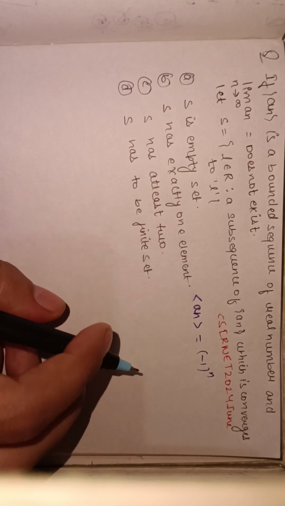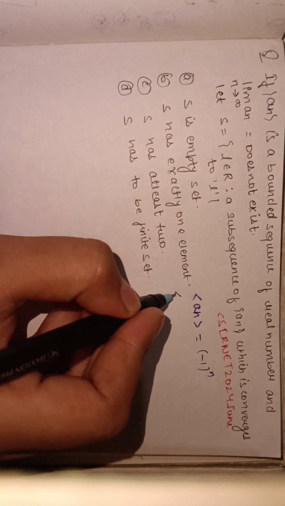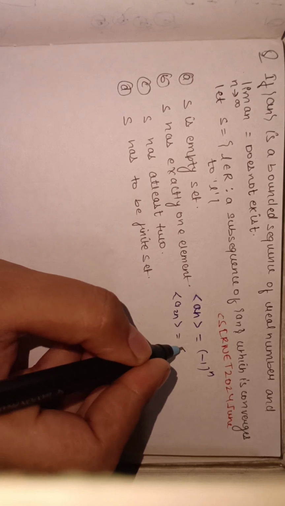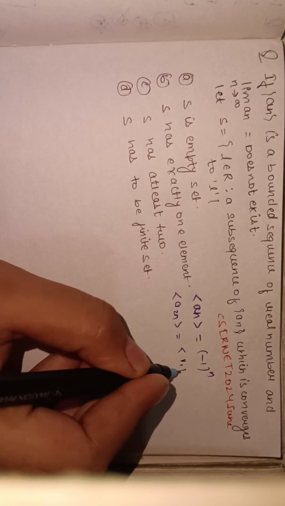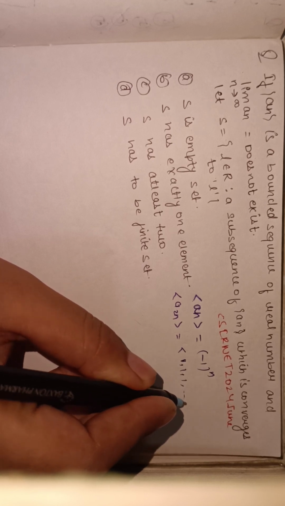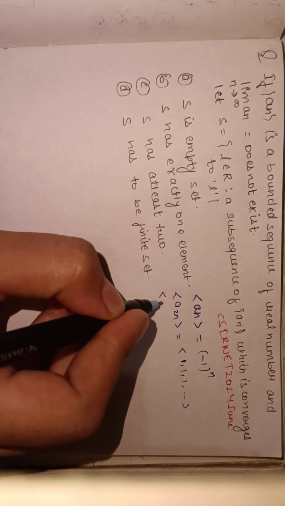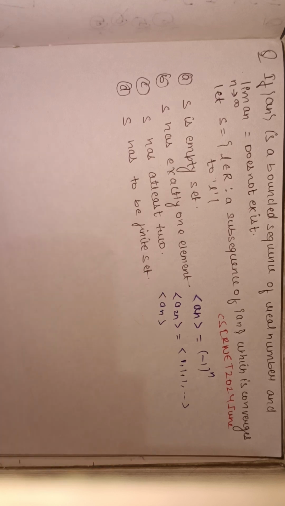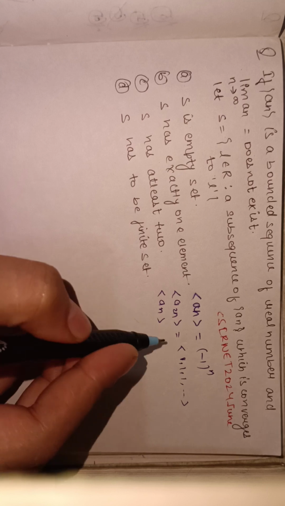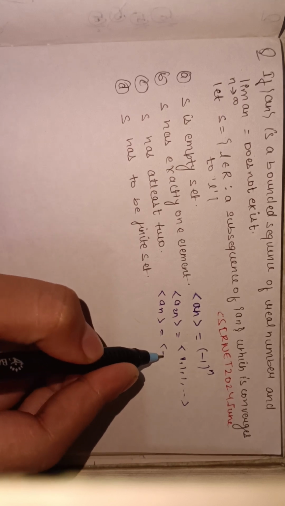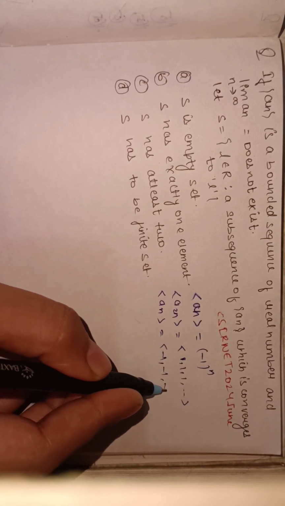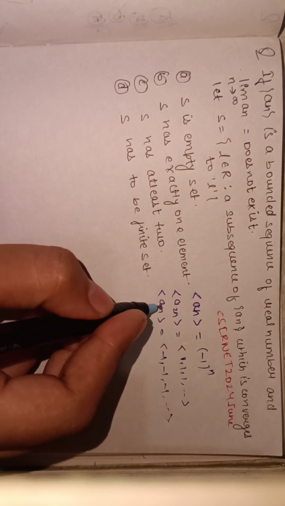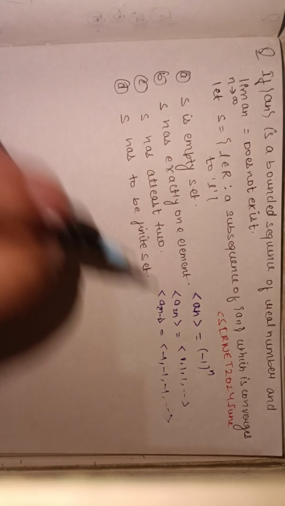If we take the subsequence of this a_n, let's say a_{2n}, which equals 1, 1, 1 and so on, and a_{2n-1}, we get -1, -1, -1 and so on.